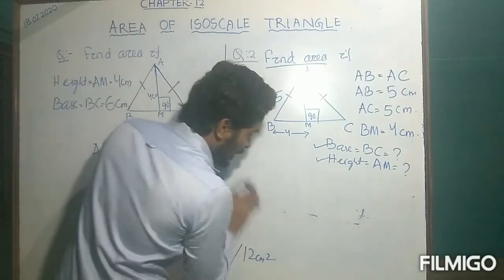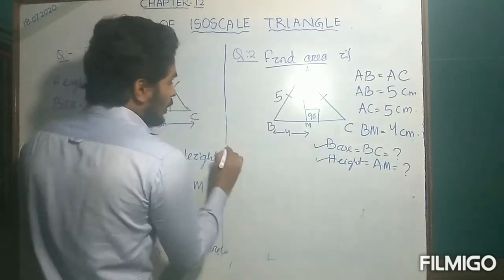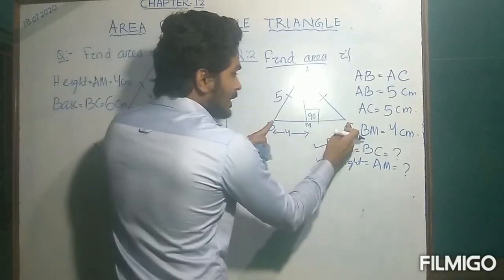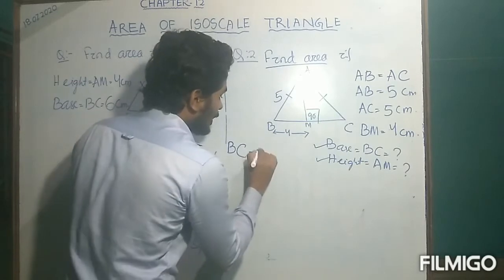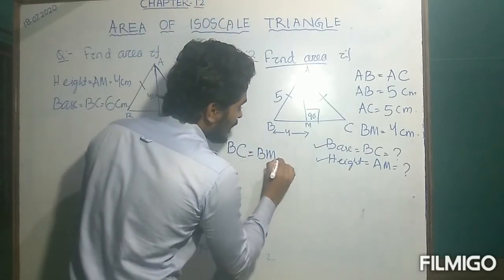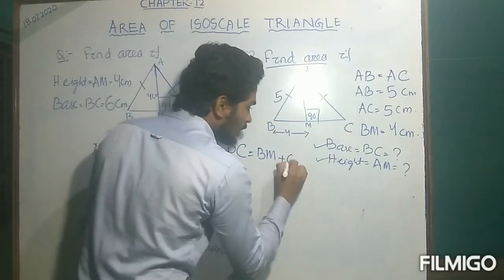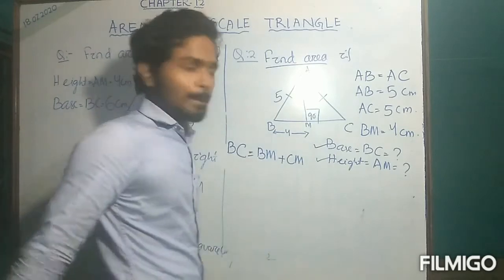How can we find the base? As we know, the base BC is equal to BM plus CM. As the height divides the base into 2 equal halves, so BM plus CM. Now BM is 4 cm.